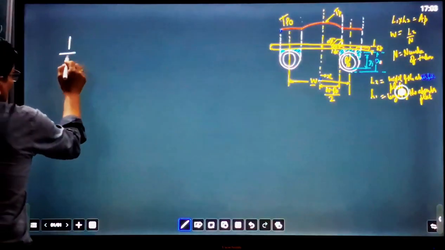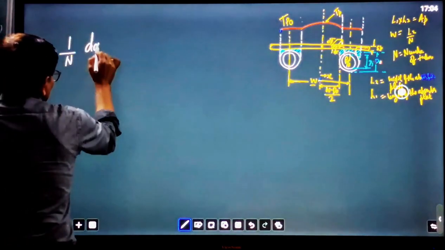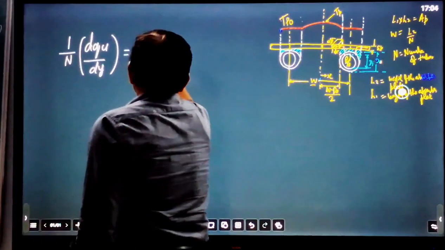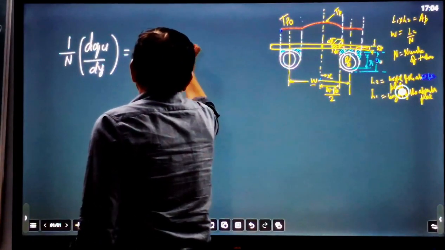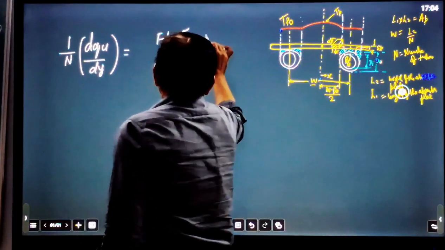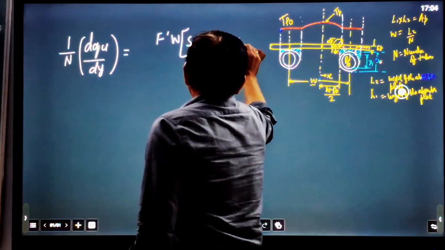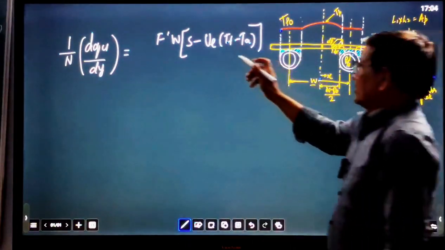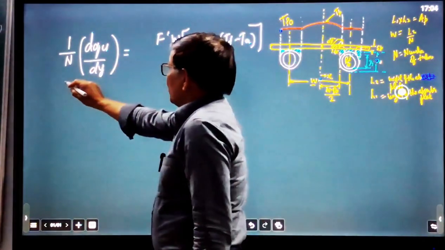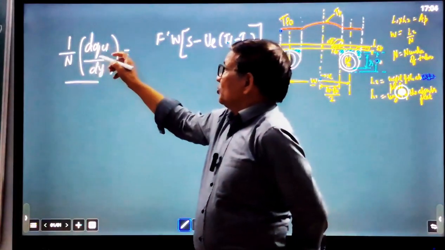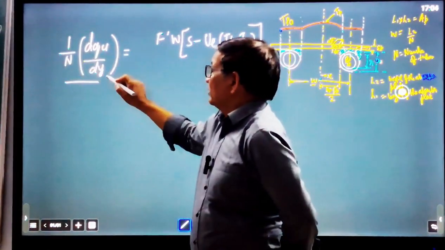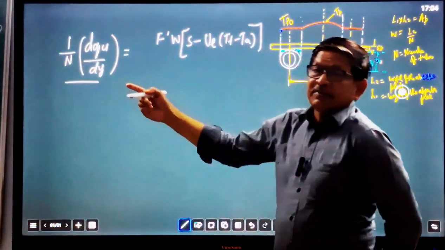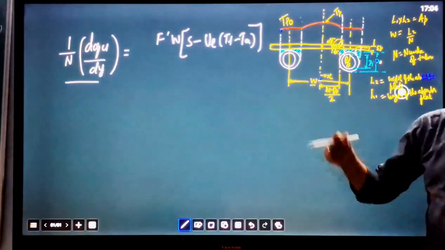Here it is 1 by N dqu by dy, that is equal to F dash W [S minus UL (Tf minus Ta)]. This is the collector efficiency factor, F dash, which you can define by useful heat gain. dqu is the useful heat gain per tube. N is the number of tubes per unit width, because dy is along the length of the tube.